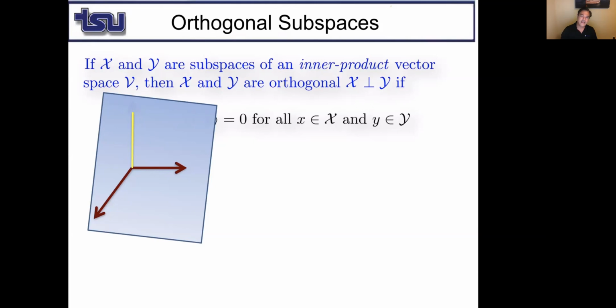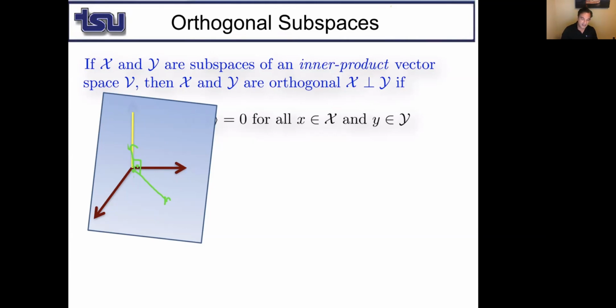If we take any vector on the plane and any vector on this line, and look at the angle between them, it's always what? 90 degrees. In other words, the inner product between any vector in this plane and any vector on this line is always what? 0.